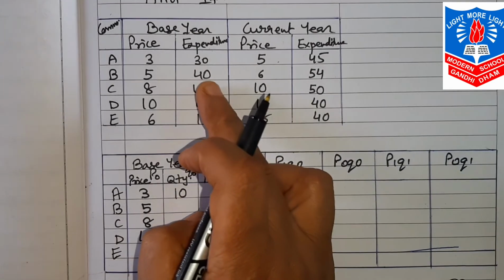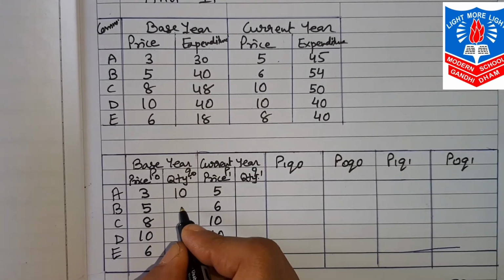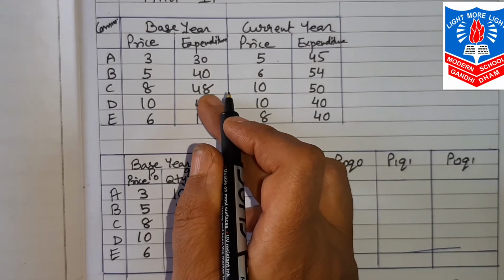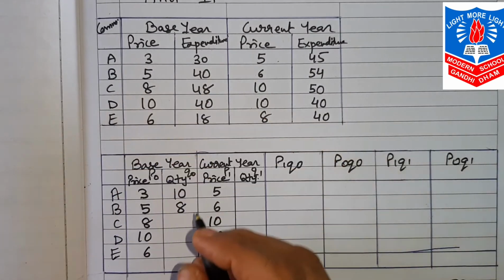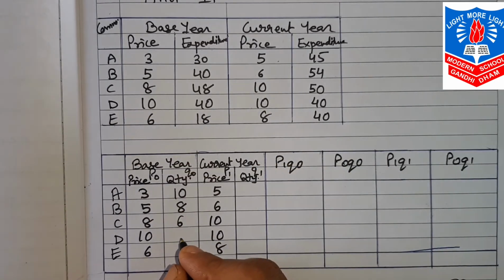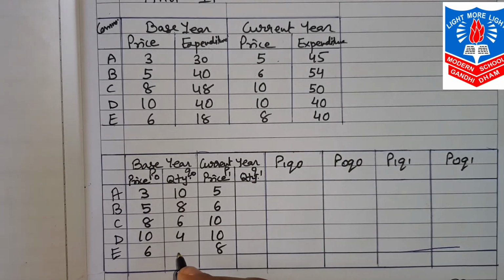Same way 40 divided by 5 is 8. 48 divided by 8 is 6. 40 divided by 10 is 4. 18 divided by 6 is 3.